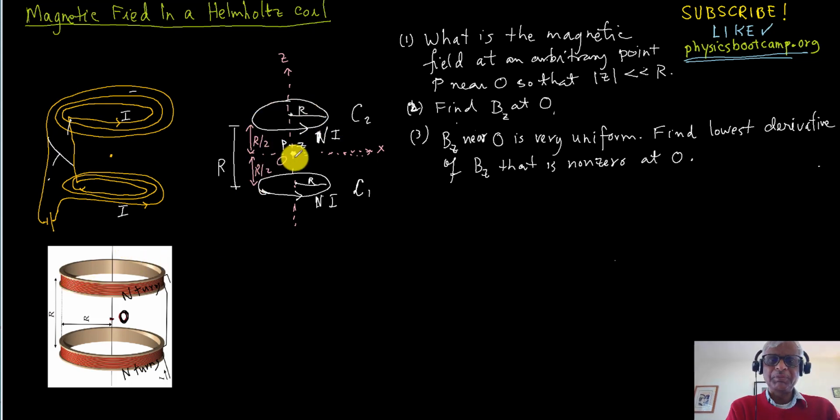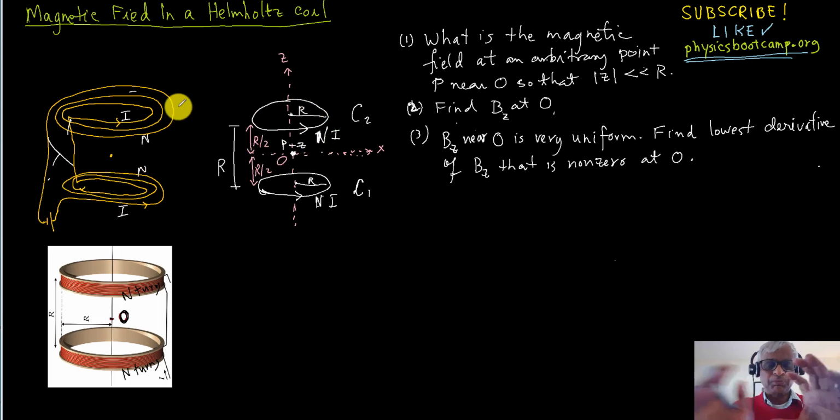And over here is an even more schematic drawing. All these coils are just given as one circular loop with total current N times I, N being the number of turns, and there are N turns here and N turns here.